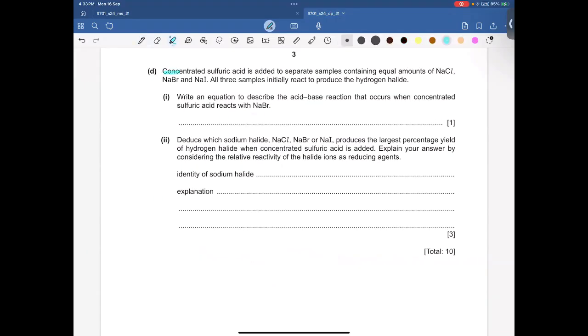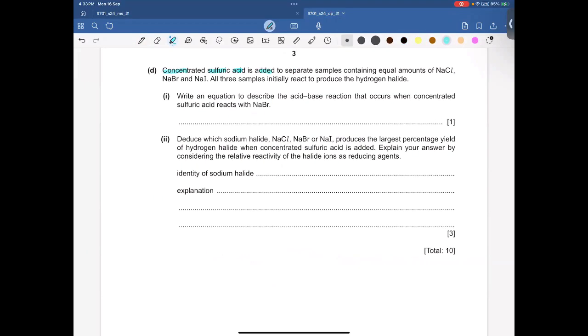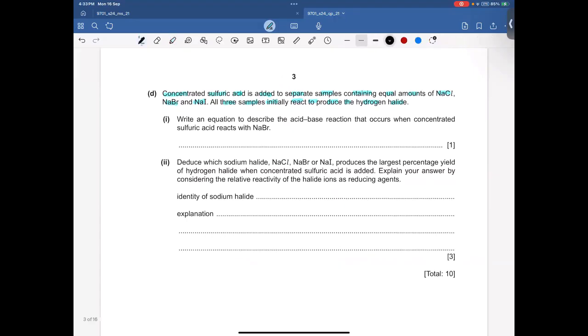In the next part, concentrated sulfuric acid is added to separate samples containing equal amounts of NaCl, NaBr, and NaI. All three samples initially react to produce the hydrogen halide. Okay, let me show you. This is sodium chloride. It is reacting with concentrated sulfuric acid, converting into sodium sulfate and HCl, and you will get the misty fumes of HCl.